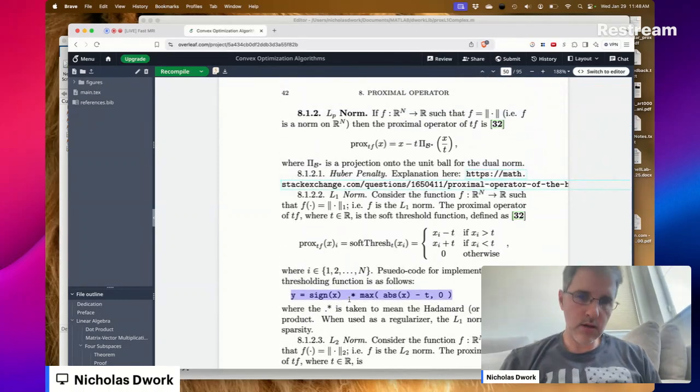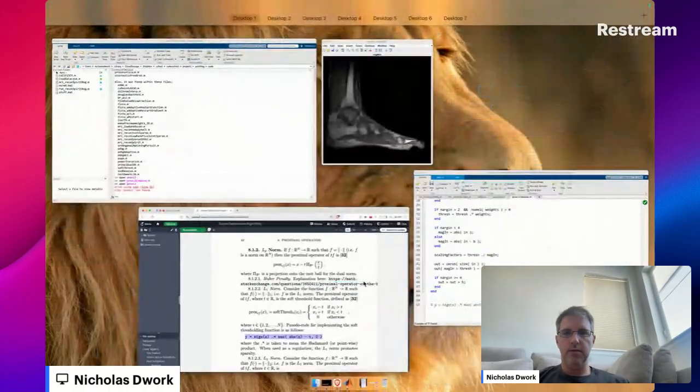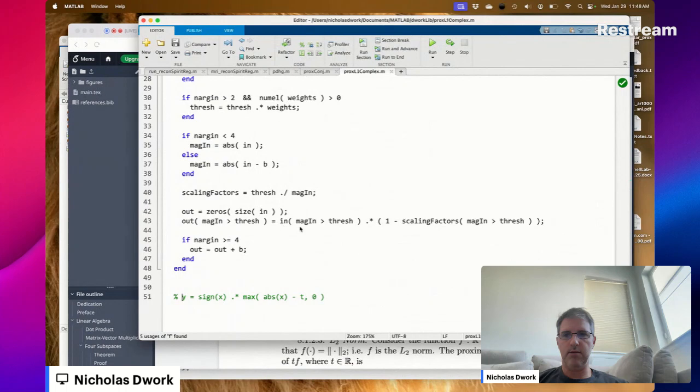Okay. This is just for real values, like a complex number doesn't have a sign. But I think this is wrong.